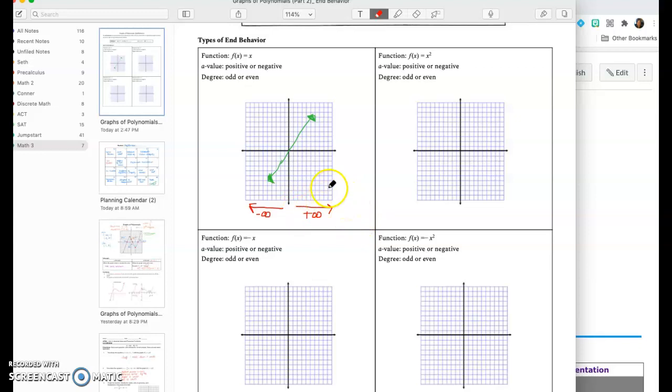And we notice that on the left side of the graph, this is going down to negative infinity. And on the right side of the graph, we are going up to positive infinity. And so this behavior can be generalized to other functions that are similar to this one. So if we go up here and think about our function f of x is equal to x, the a value, or the number in front of x, that's our leading coefficient.